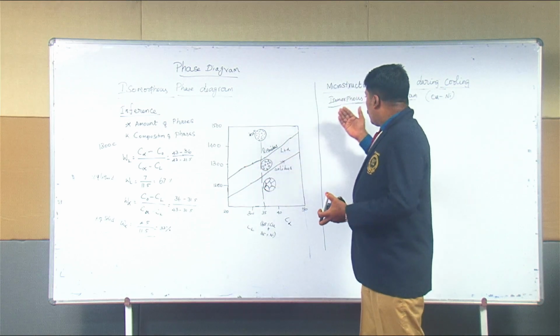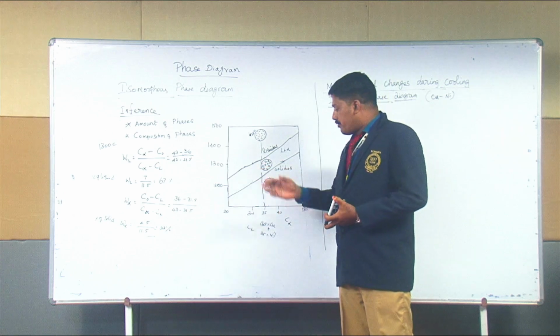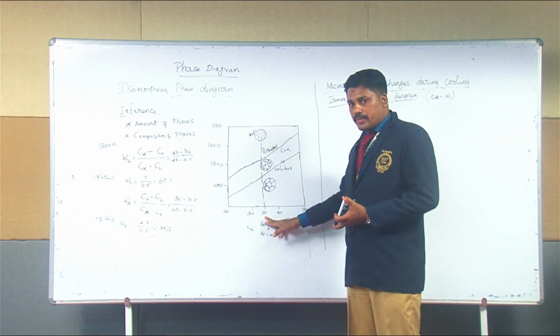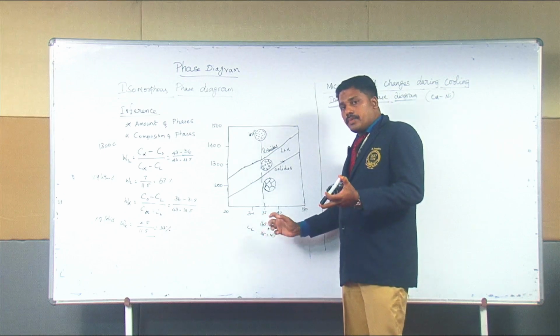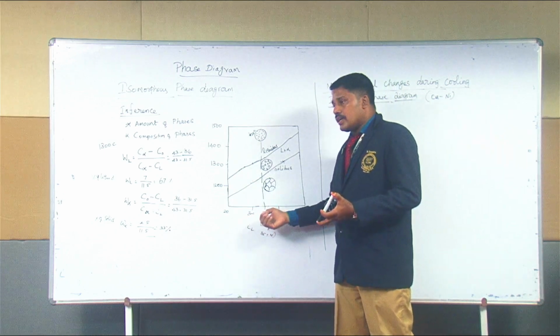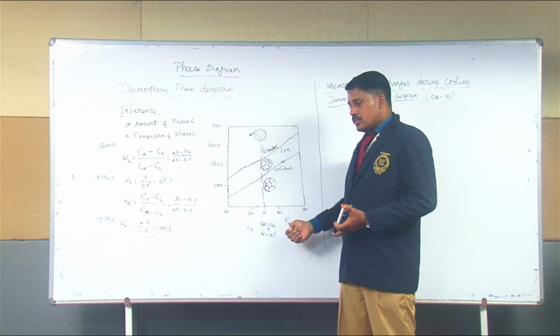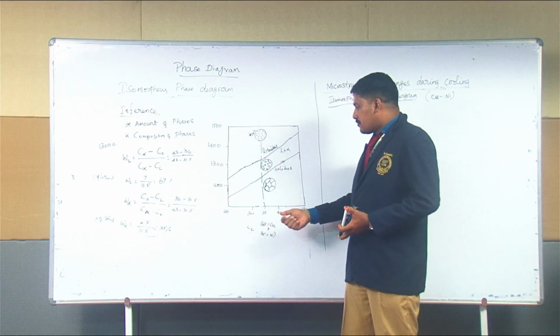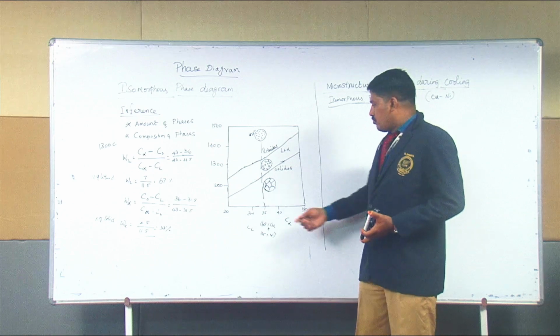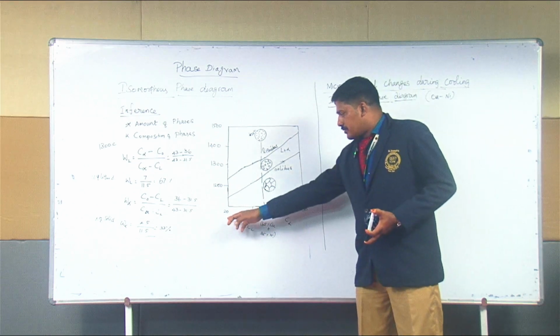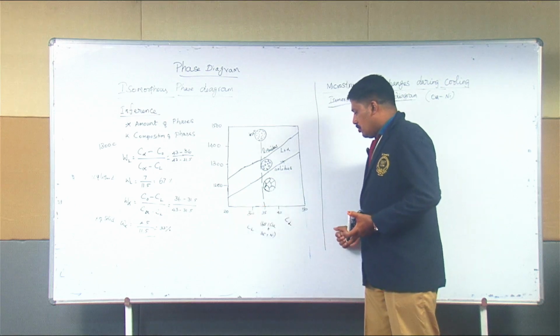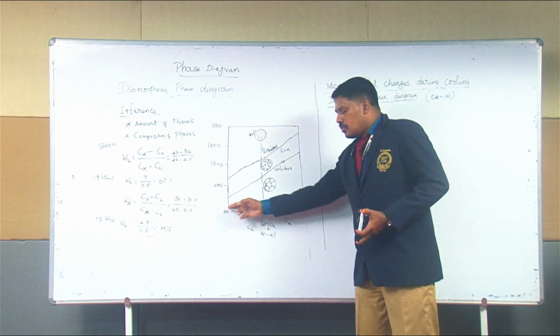Within this alloy system, for a specific composition value, that means 35, this 35 represents the amount of nickel. The copper varies from 100 to 0, and nickel varies from 0 to 100.